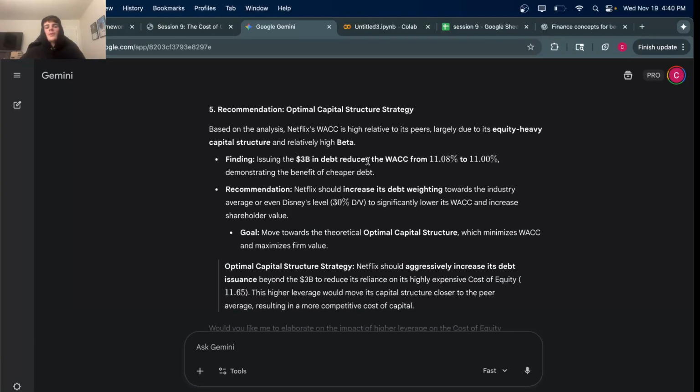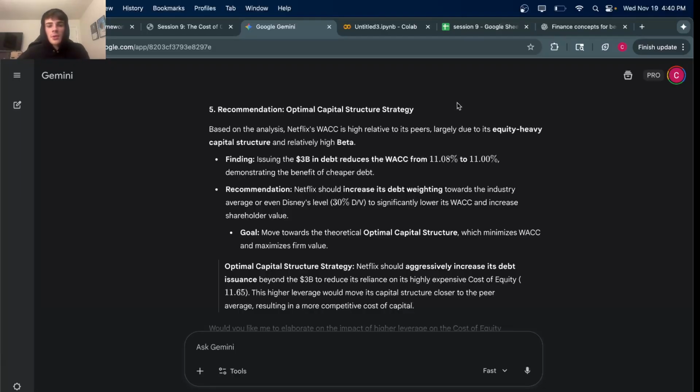So my recommendation is the optimal capital structure strategy. Based on the analysis, Netflix's weighted average cost of capital is high relative to its peers, largely due to its equity heavy capital structure and relatively high beta, or how risky Netflix is.